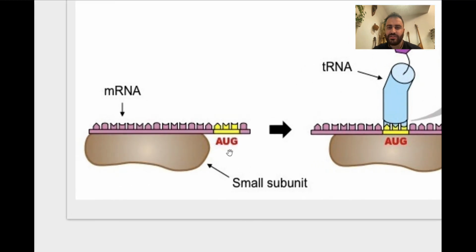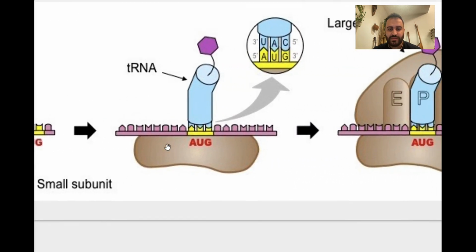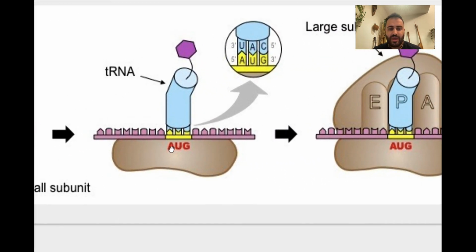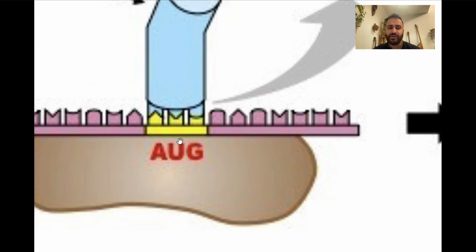When translation starts, the messenger RNA is going to be attached to the small subunit, and AUG is going to be recognized, and this is the initiation of translation. It's the start codon, the start point. Always it starts with AUG.